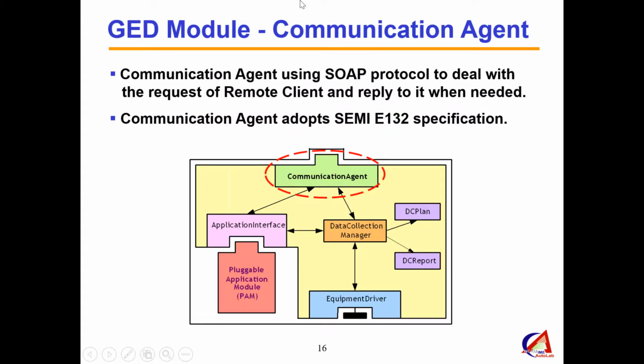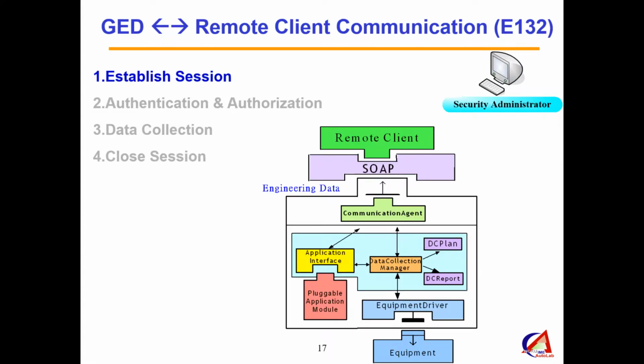So the communication agent, we just mentioned 132 for authentication and authorization, right? This communication agent uses the SOAP protocol to deal with requests from the remote client and reply to it when needed. So the communication agent adopts the SEMI E132 specification, and you see how to do it.